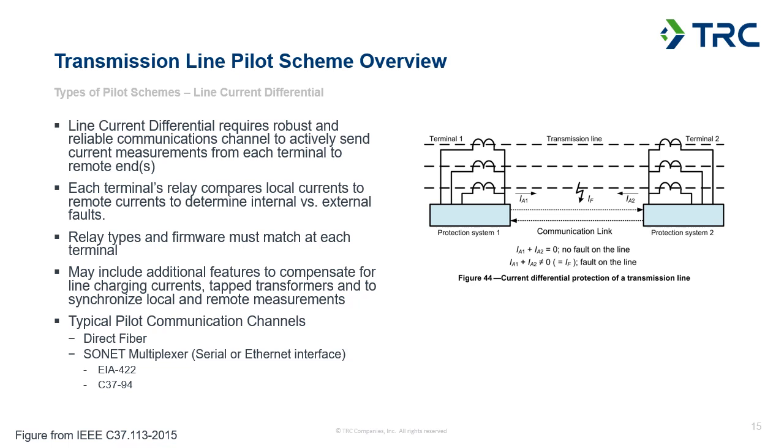When that's available, line differential is a really popular choice for utilities. And a lot of utilities are really focusing on building out that communications infrastructure to be able to provide that type of scheme, and some of the other benefits that come with having a very robust communications architecture for their system.